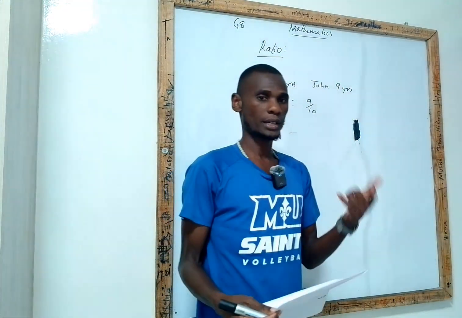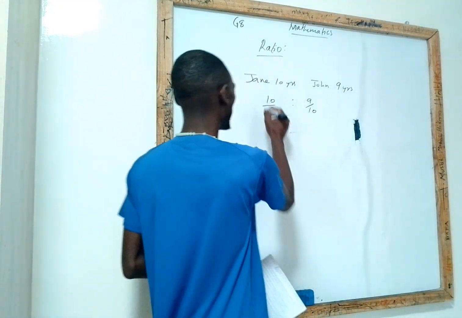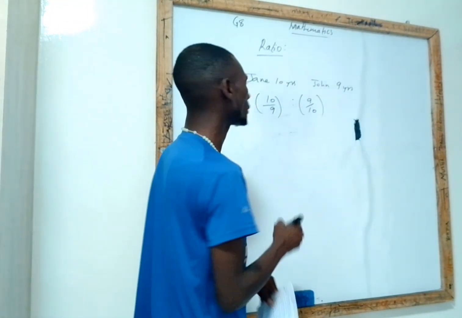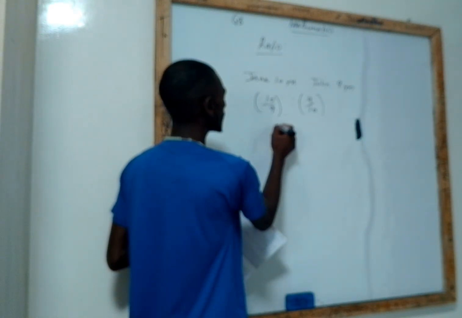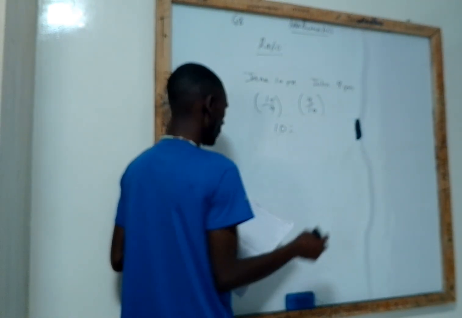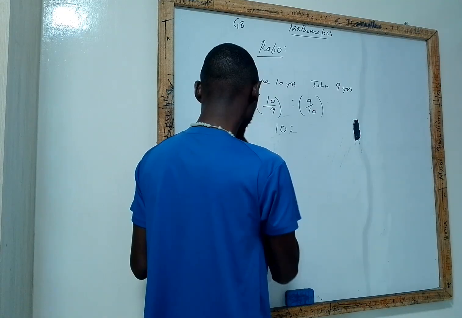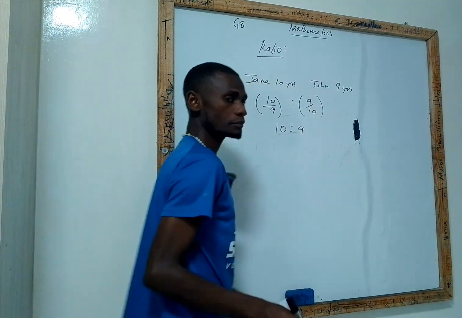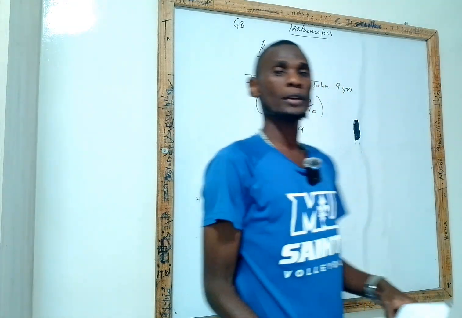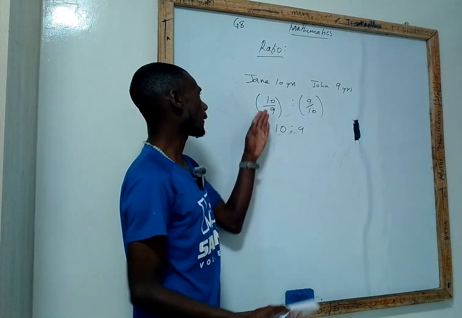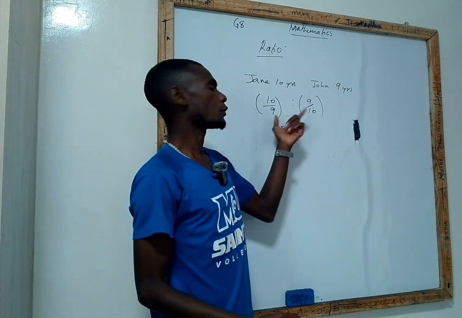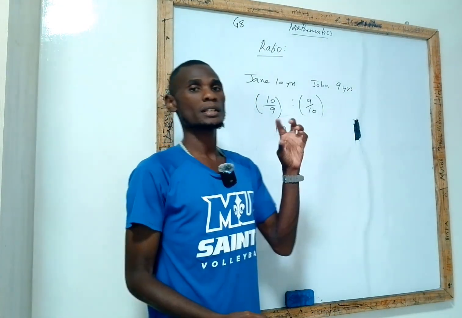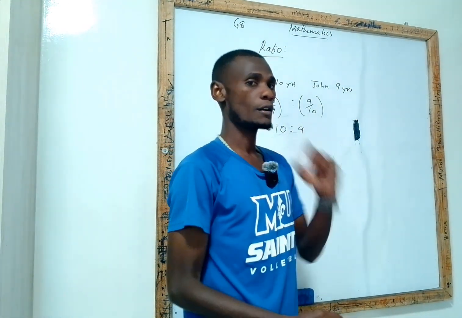If you are told to express their ages now in a ratio form, then we will take the age of Jane, which is 10, to the age of John, which is 9. So one thing we have to know is that ratios are supposed to be simplified into their simplest form.